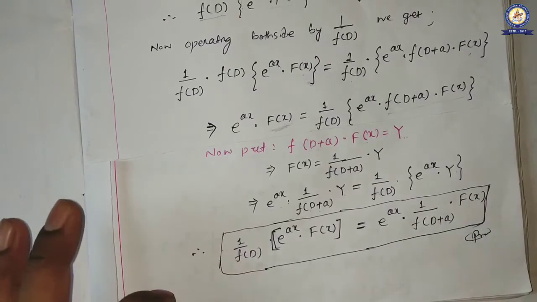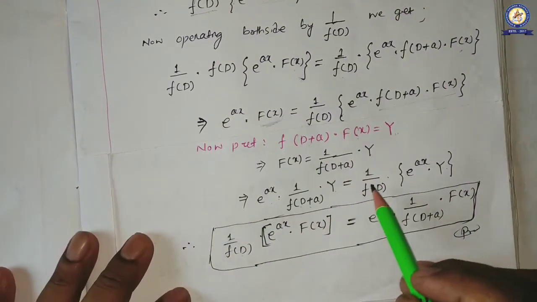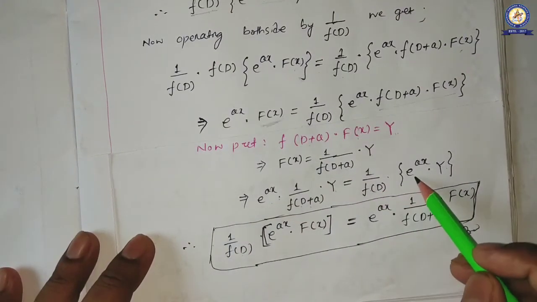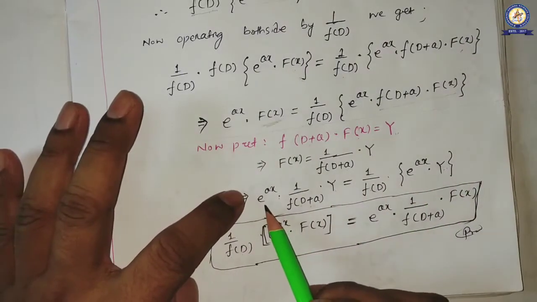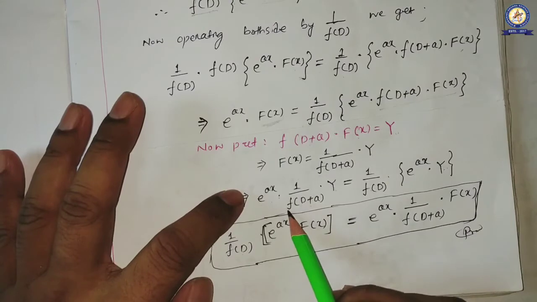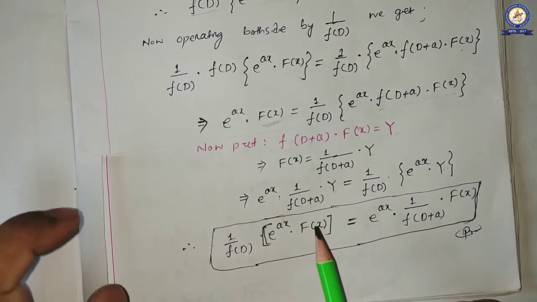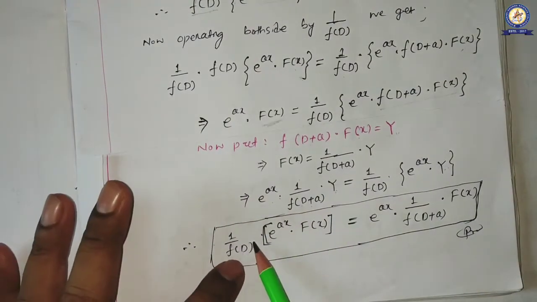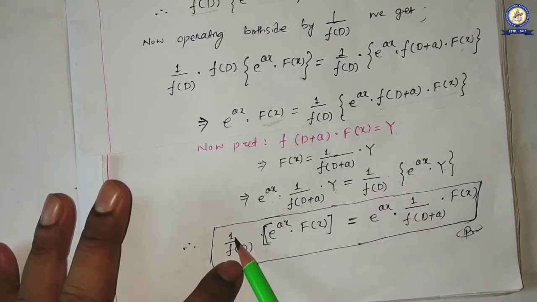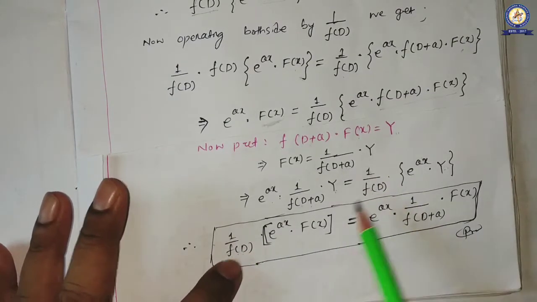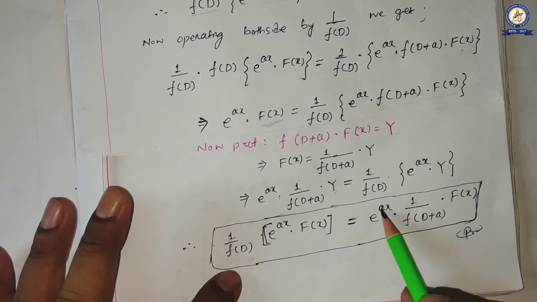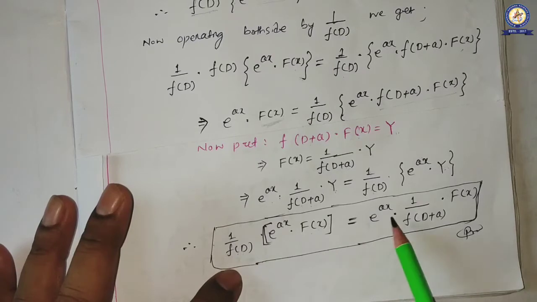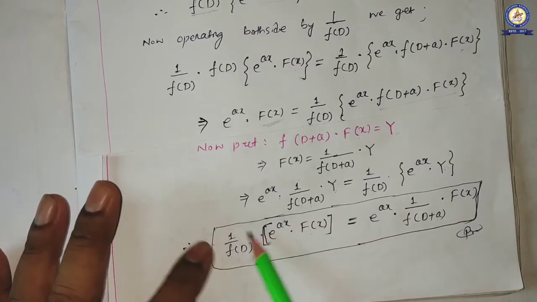Again I am going to explain. See, 1 by f(D) e^(ax) into Y, how much did we find? e^(ax) into 1 by f(D plus a) into Y. Likewise, if we consider 1 by f(D) e^(ax) F(x), it will be equal to, this a is going to be added to D, and e^(ax) will be taken to the front.